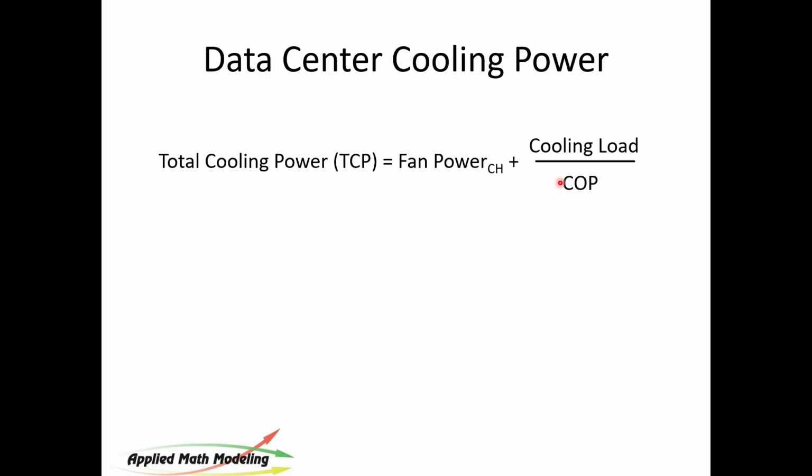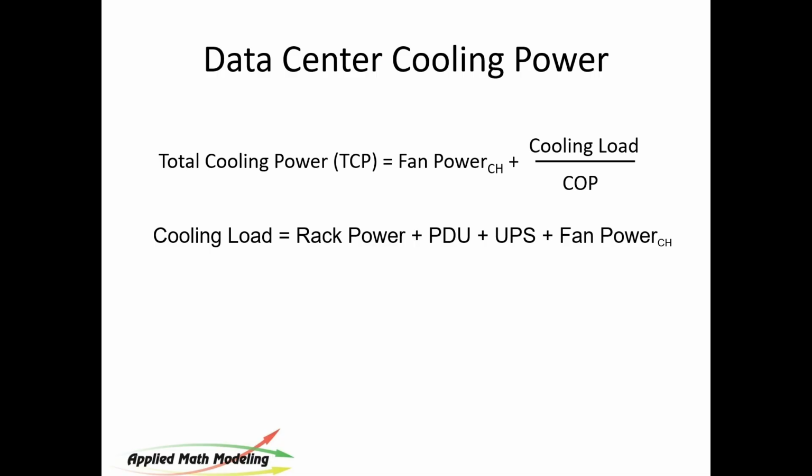The coefficient of performance is the efficiency at which you can pump that load outside, outdoors, out somewhere. And the total cooling load itself here in the numerator that I was just referring to ends up being the racks. Remember, all power that goes into that room turns into heat. PDUs turn into heat, UPSs, and fan power.